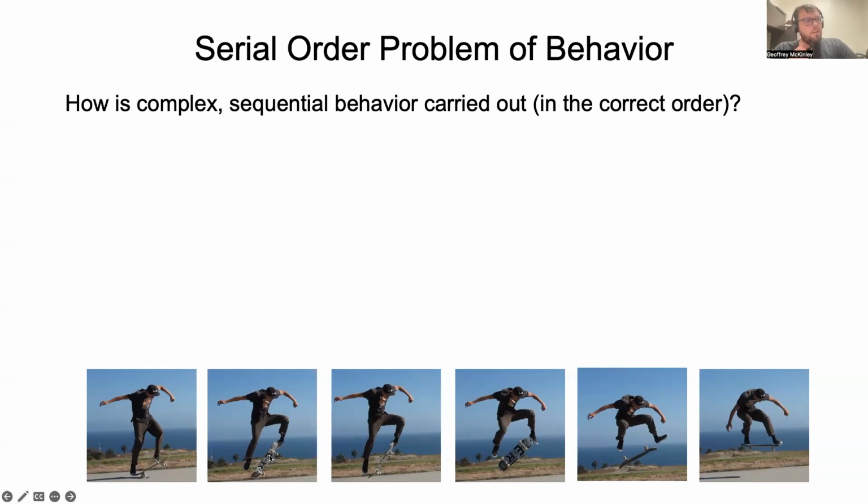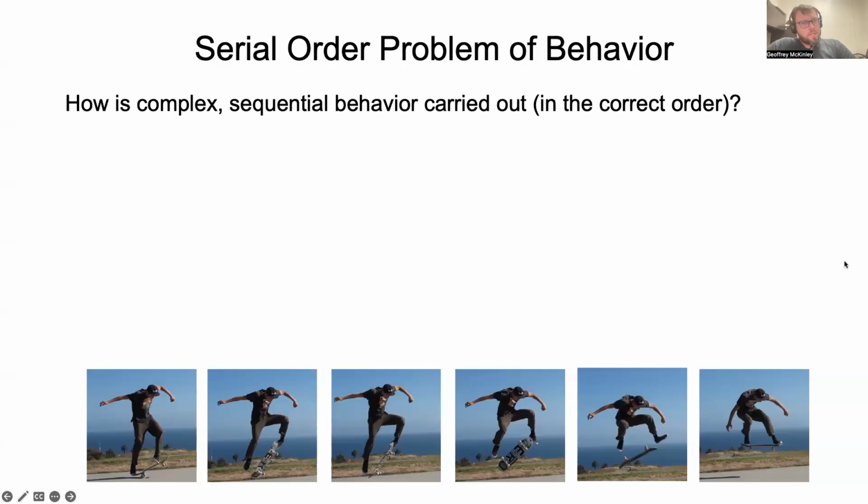And then the skateboarder has to jump and raise their legs so that the skateboard can rotate. Then they have to get their feet out of the way to let the board rotate, and then locate the skateboard once it flips, and then land it, right?